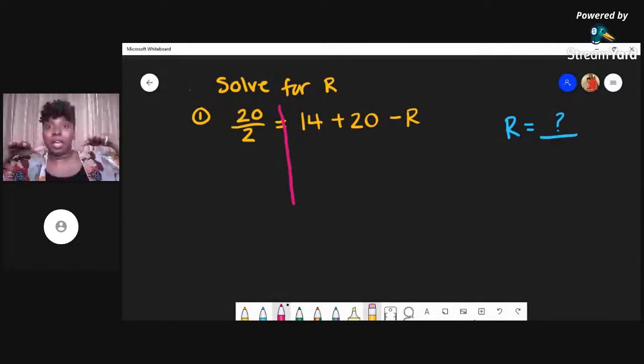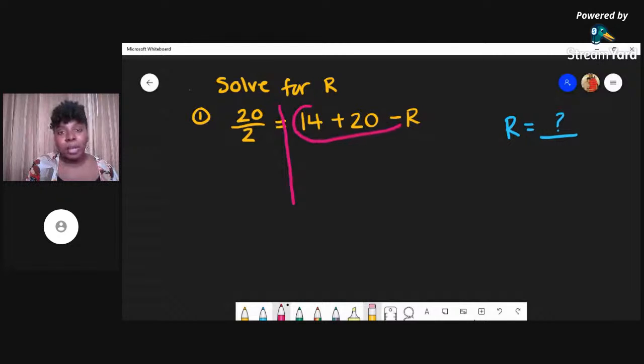If something happens to the left, in order to keep it balanced, we have to do something to the right. So right now, the equation is balanced. However, as you just said, there's some stuff on this right side of the equation that's keeping me from being able to say R equals this number.